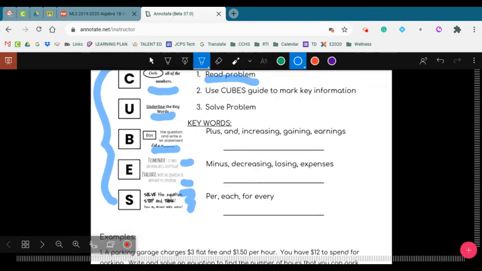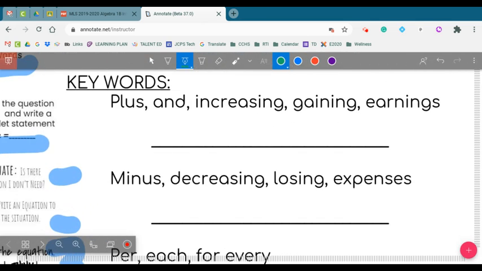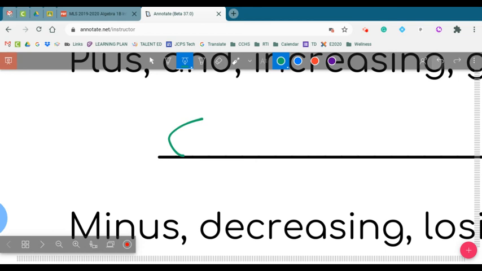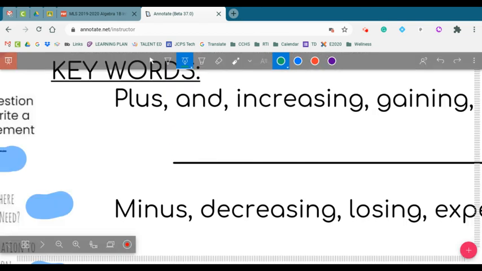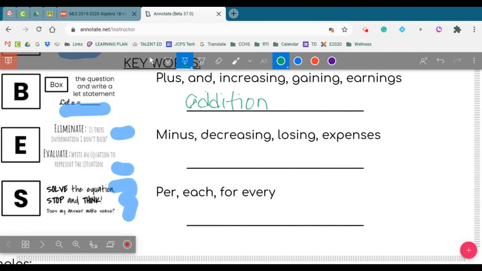So let's go over some key words that we're going to use whenever we're writing our equation for our word problem. So plus and increasing, gaining, earnings, this would be addition. So those are keywords, and we kind of already have talked about that. Sometimes we've had a few more words worked in there.